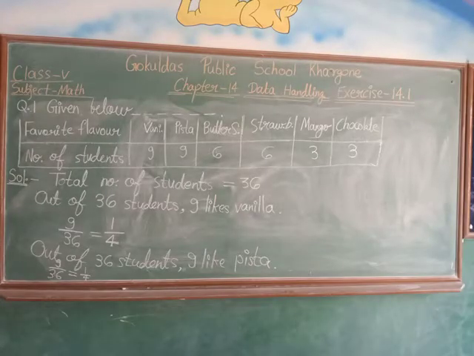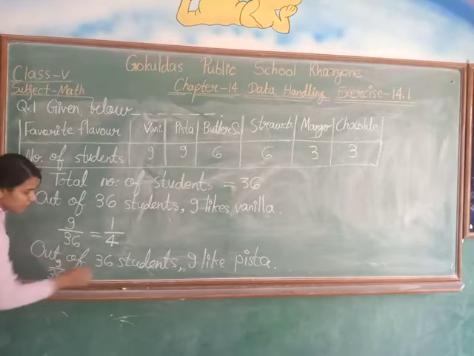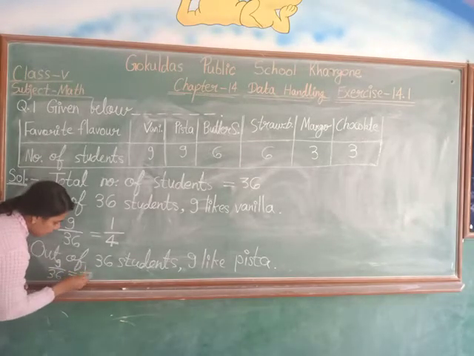So 9 upon 36 is 1 upon 4. I don't have further space, so please note it down fast. I cannot write further.